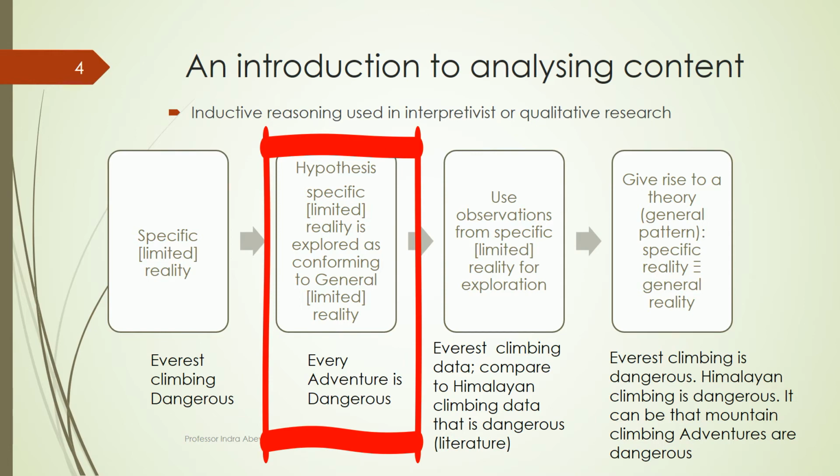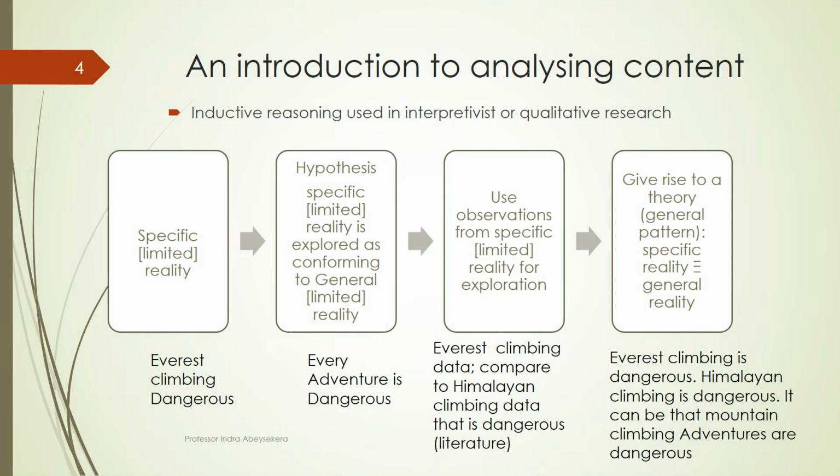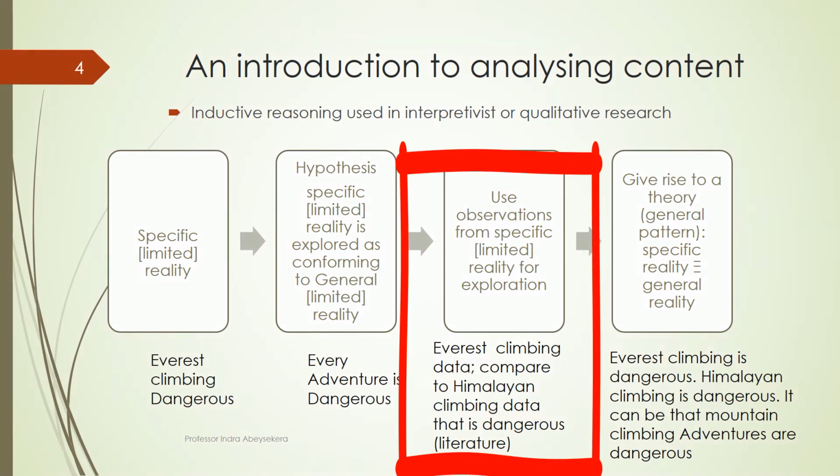So the next stage is we use observations from the specific reality for our exploration of the question. Everest climbing data is analyzed. And then we use from the literature any other data relating to climbing, Himalayan climbing data that is found to be dangerous in the literature.